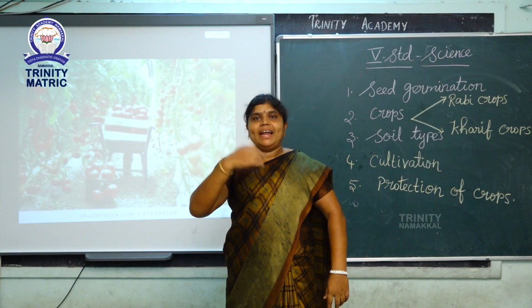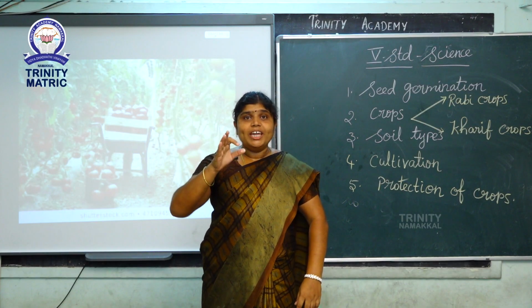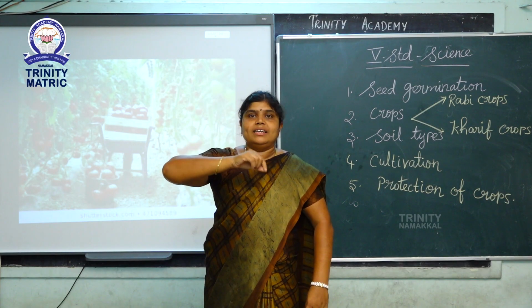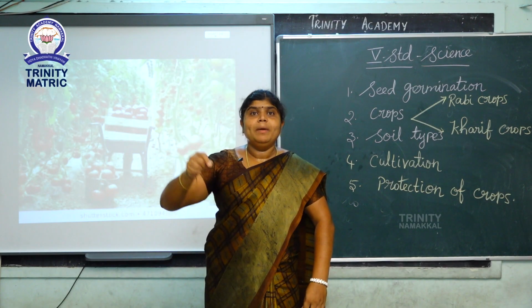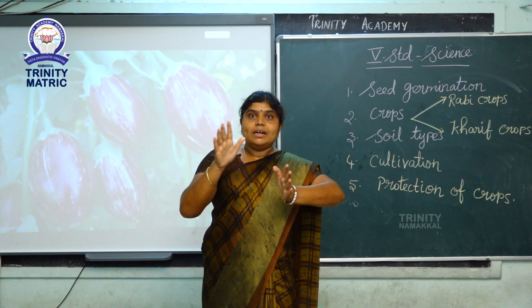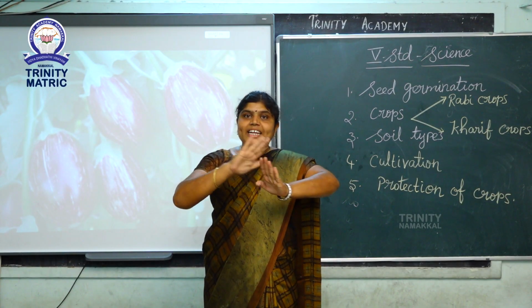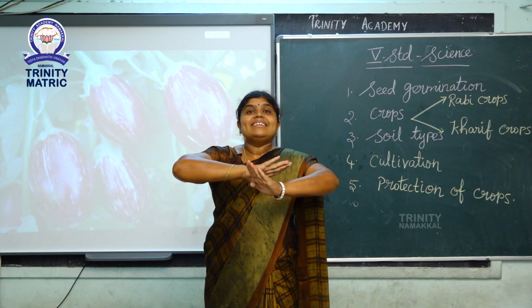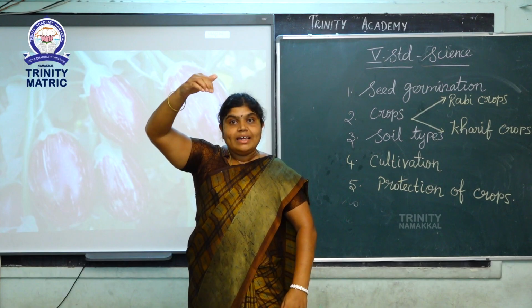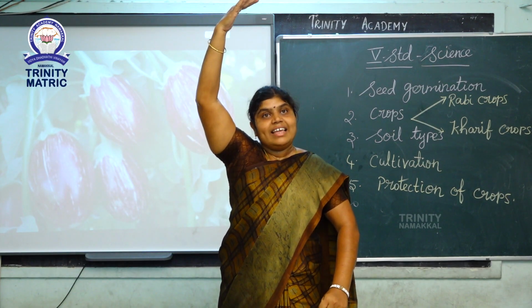Next, tea plant. Tea plant grows in hills area. That is only in moist soil, that needs moisture. What do you mean by moist? Wet condition. That plant needs wet but doesn't need water. Doesn't need stagnant water. So, tea plant only lives in hills area.